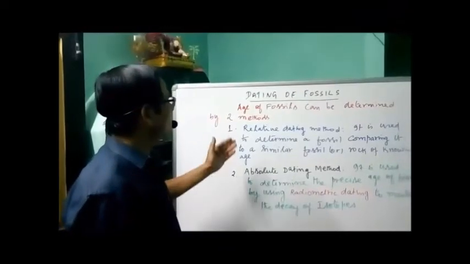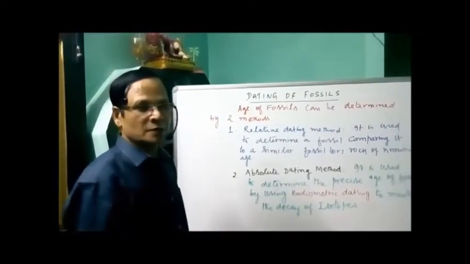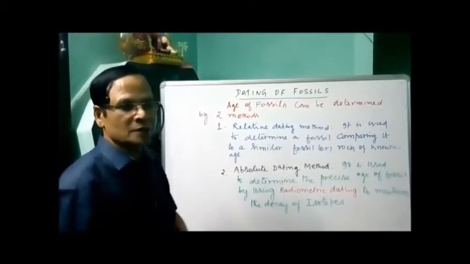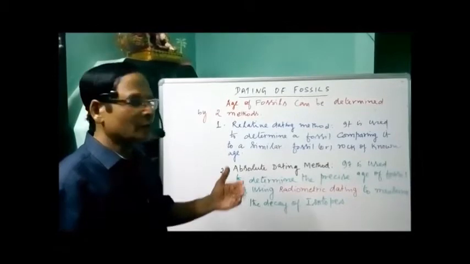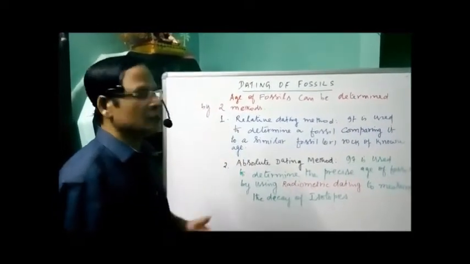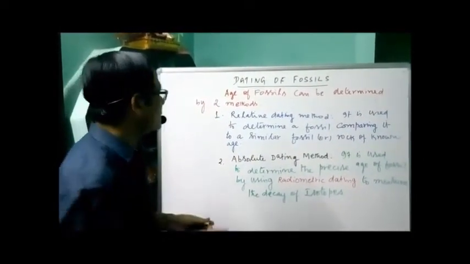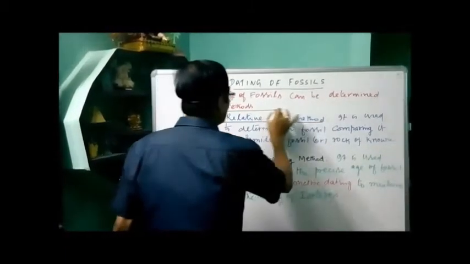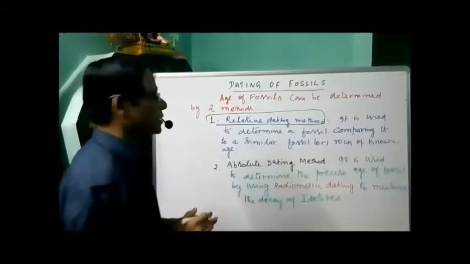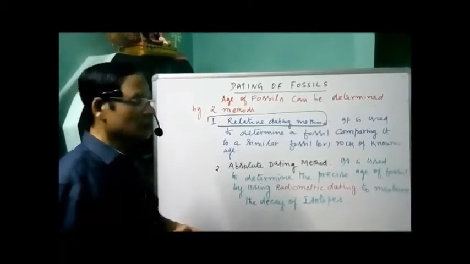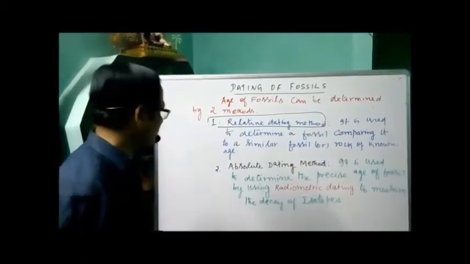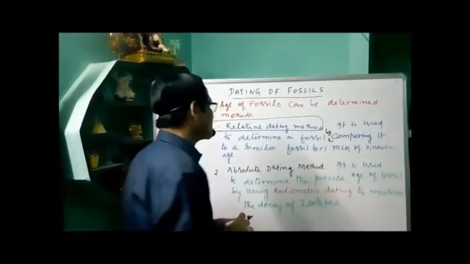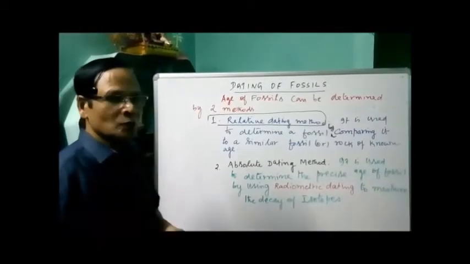Now the next one is the dating of fossils. It is nothing but how to calculate the age of fossils. The age of fossils can be calculated by two methods. One, relative dating method. In this method, it is used to determine the age of a fossil by comparing it to a similar fossil or rock of known age.